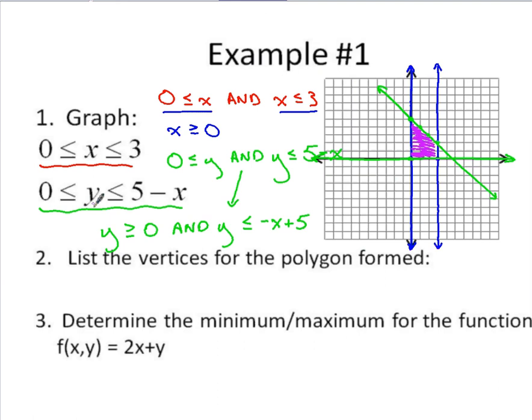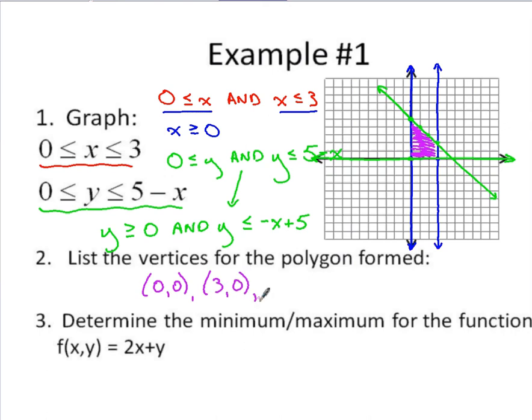Now moving on to step 2, it says list the vertices for this polygon that's formed. So here's my polygon, right? My little four-sided shape. The vertices would be all those corners. So I've got a corner right here at the origin. I've got a corner right here where the x-coordinate is 3, y-coordinate 0.